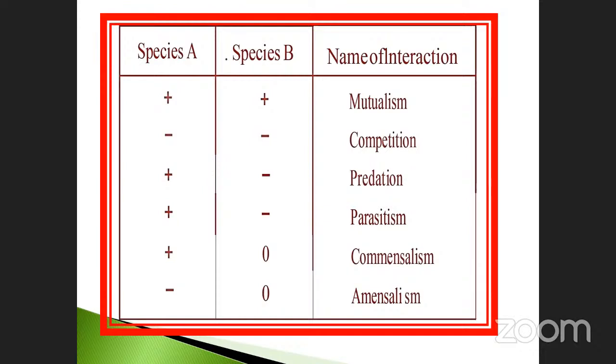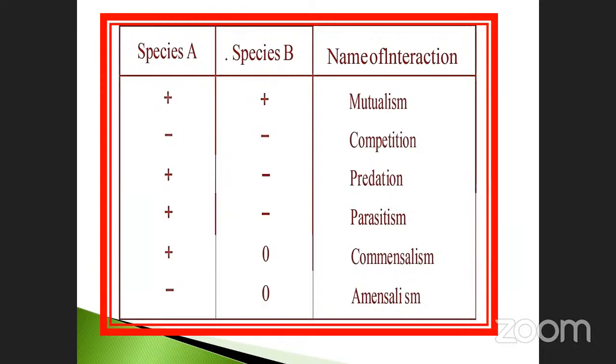And commensalism is plus and zero: one is beneficial, another one is not affected. That is called commensalism. And the last one is minus and zero. Sorry, you must note it down here. See here, plus is the first one, minus if you take one, this one, and again plus and minus.